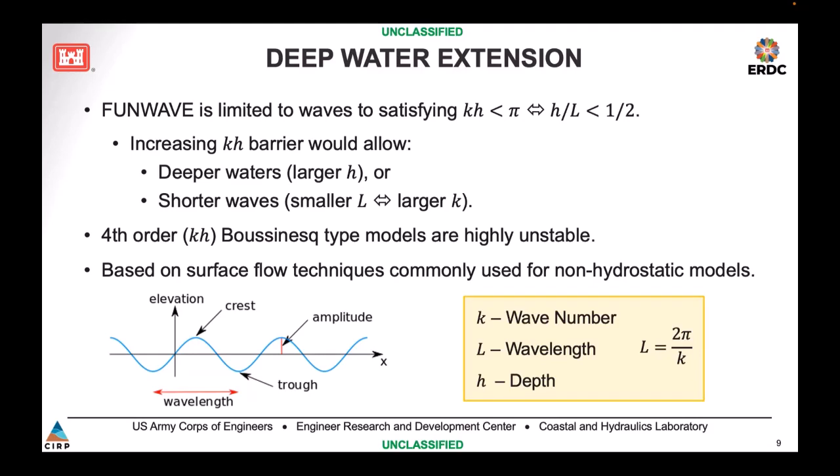While the main application of Funwave is typically coastal waves and inundation, there's also some consideration for vessel-generated waves. Before I talk about the surface flow approach more, I'll briefly make an aside on some of the motivations for relaxing this KH barrier from the perspective of vessel generated wakes.